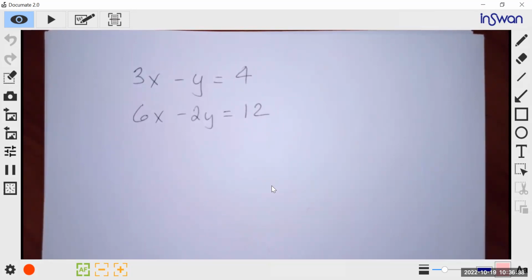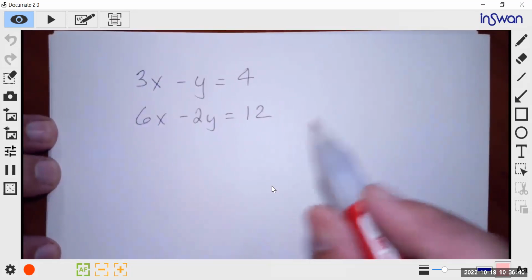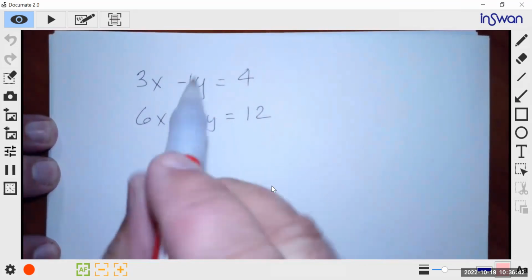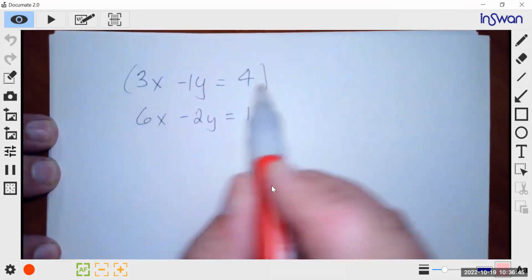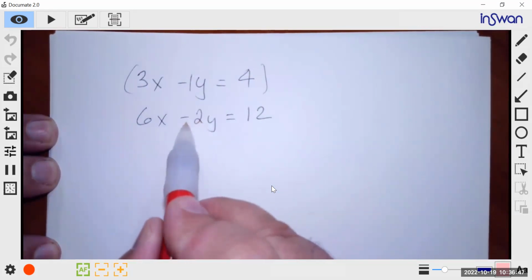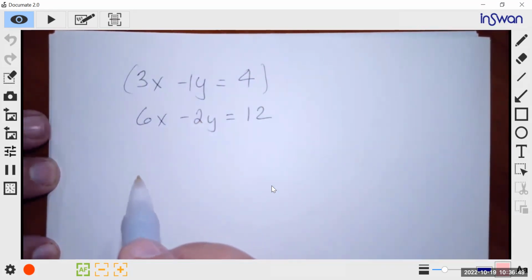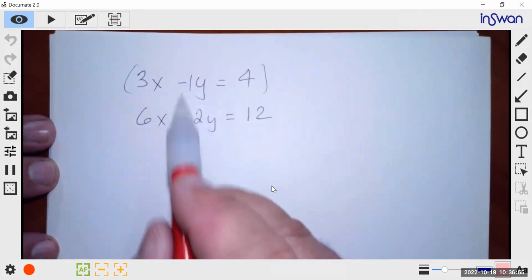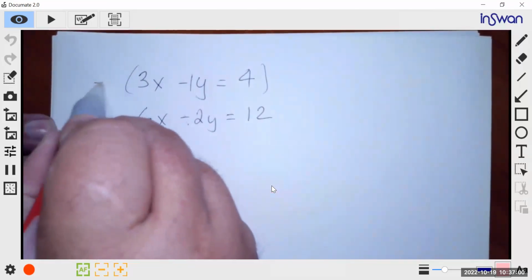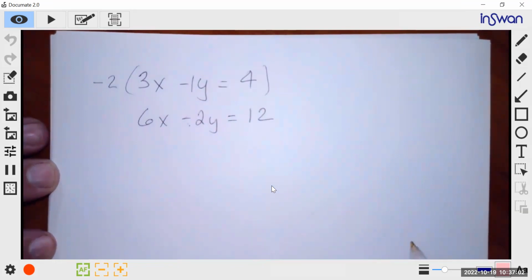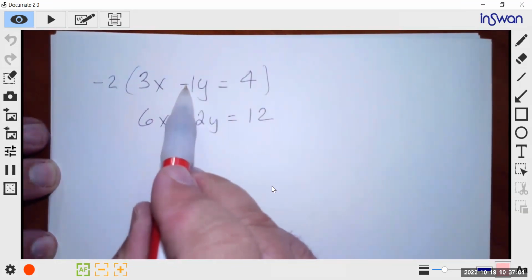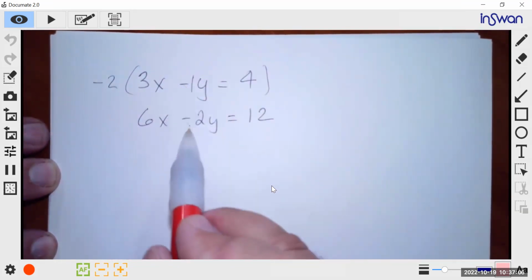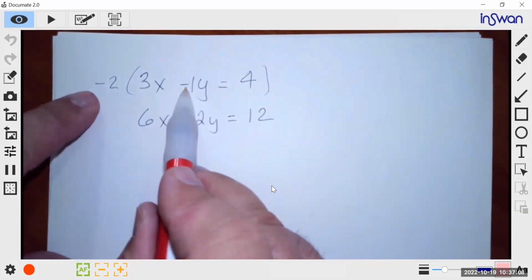Y. All right, so we'll get rid of the y. Right now it's a 1. What do we have to multiply to the top one? So it's the same number, but different sign. But they both have the same sign right now. They're both negatives. So I have to multiply this one by -2, because I have to change this sign to be a positive. Because that's a negative, this one has to be positive.